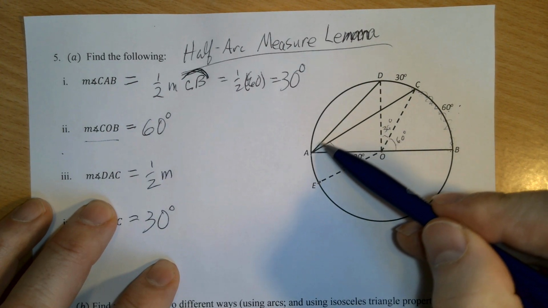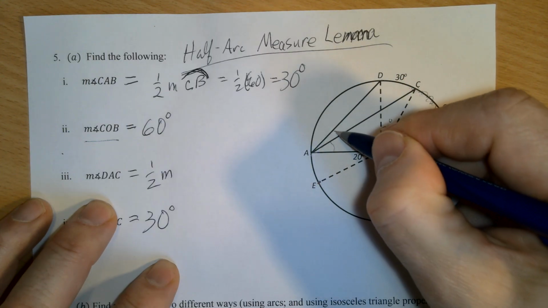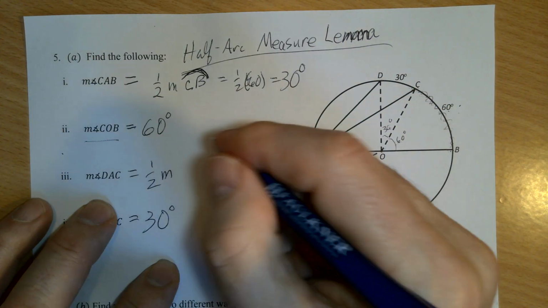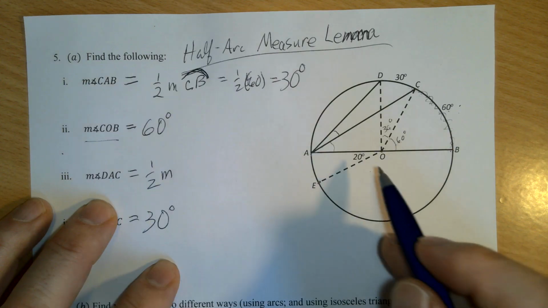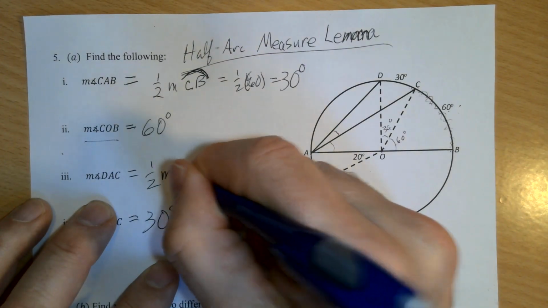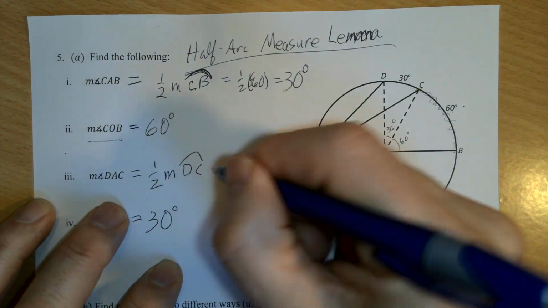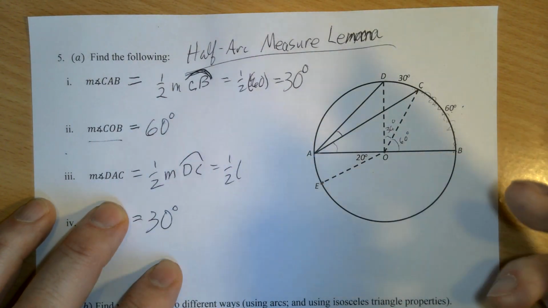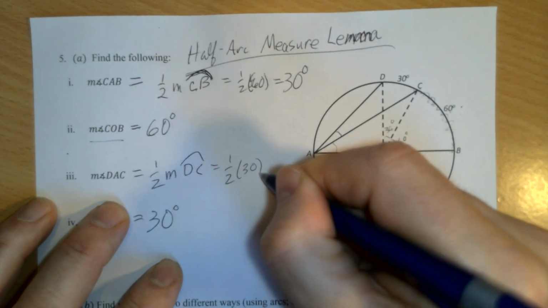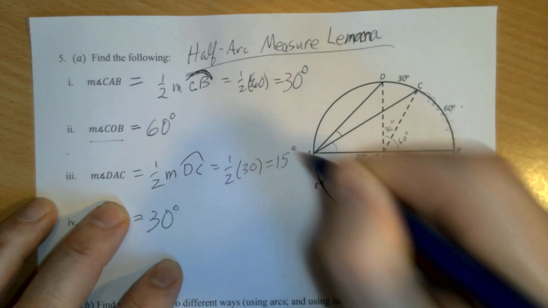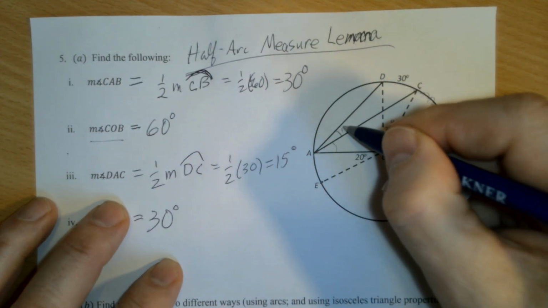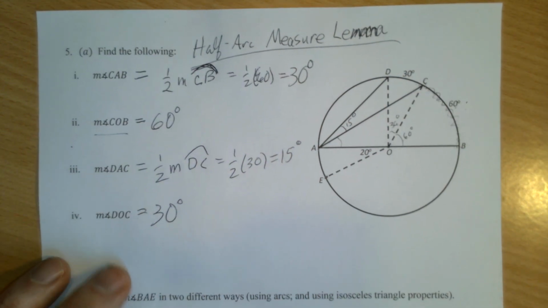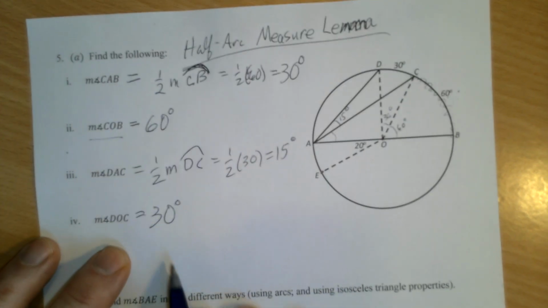An inscribed angle, this angle right here, is going to be half of that, so we've got 1/2 the measure of arc DC, which is half of 30 degrees, which is 15 degrees. Okay, so we've done those four.